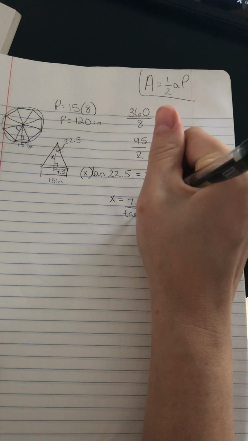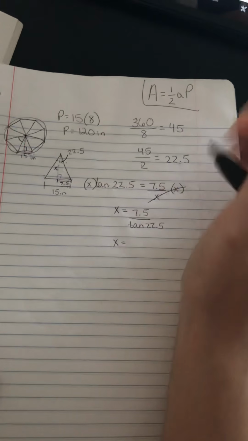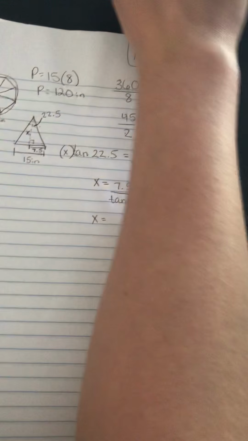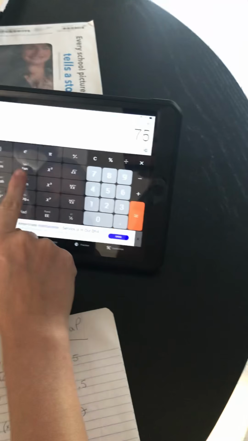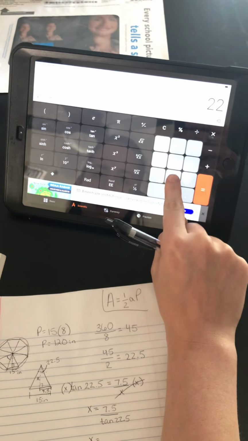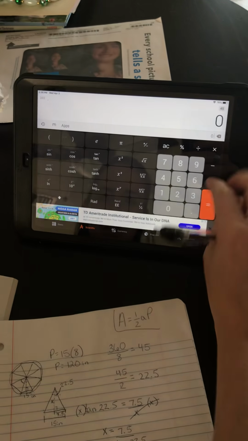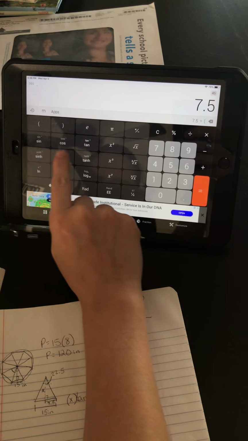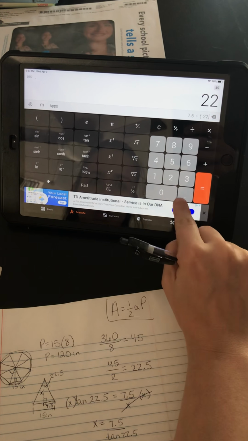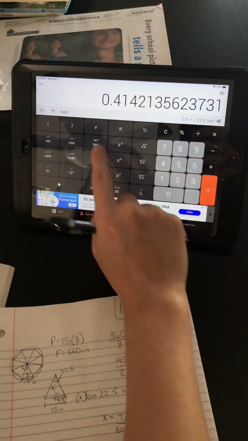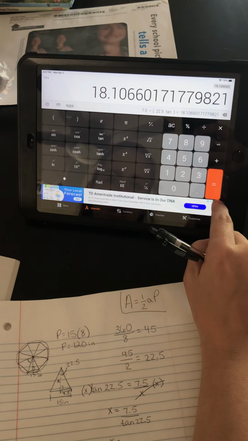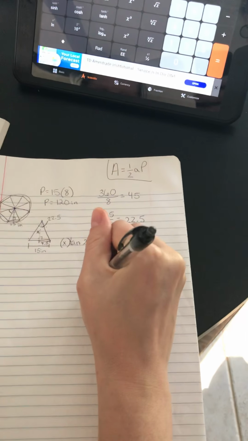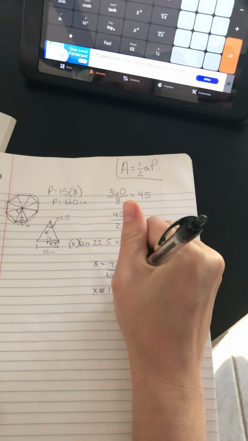And if we use our calculator, we have 7.5 divided by the tangent of 22.5, so we're going to get approximately 18.1.